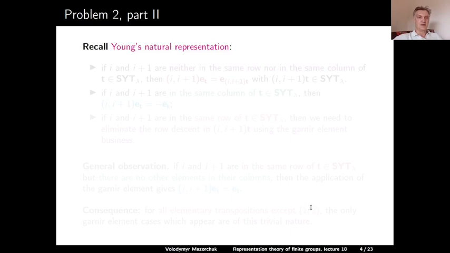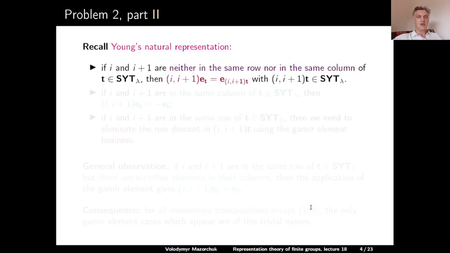For this we recall Young's natural representation, which says that if i and i plus 1 are neither in the same row nor in the same column of some standard Young tableau of shape lambda, then applying the transposition of i and i plus 1 to the polytabloid e_T indexed by this tableau, we get the polytabloid indexed by the standard Young tableau obtained from T by swapping i and i plus 1. So in this case, swapping i and i plus 1 gives a standard Young tableau.